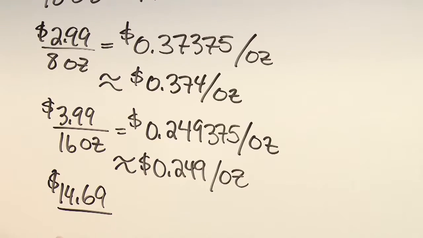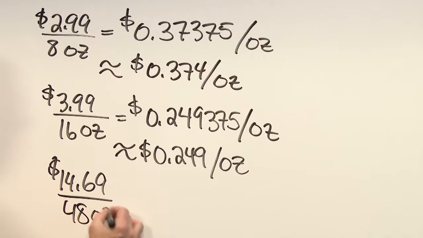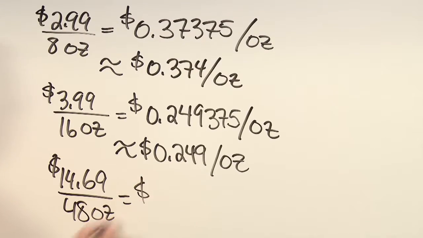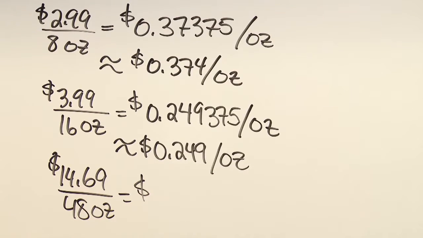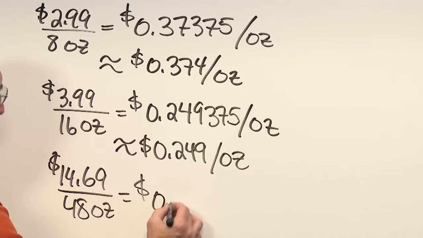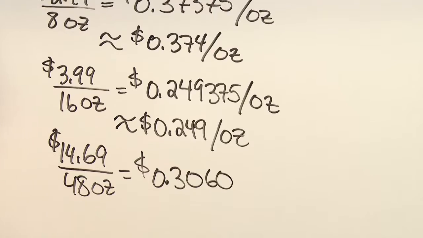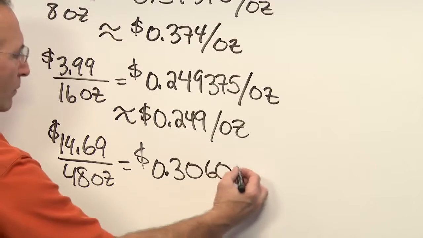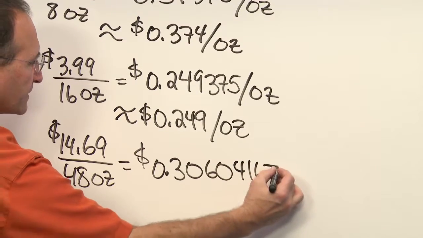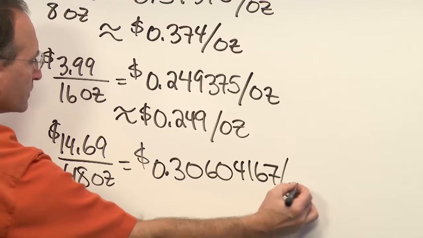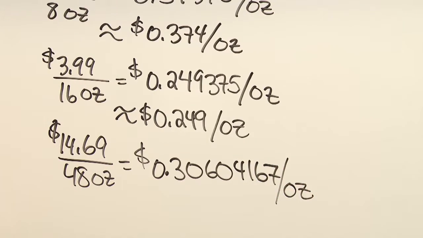And finally, we take the $14.69 divided by the 48 ounces. That's going to be equal to 0.3060467 per ounce.